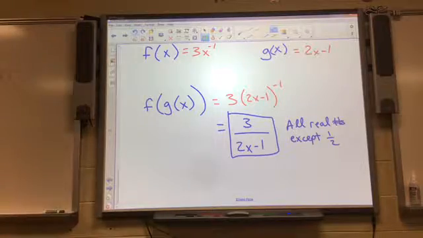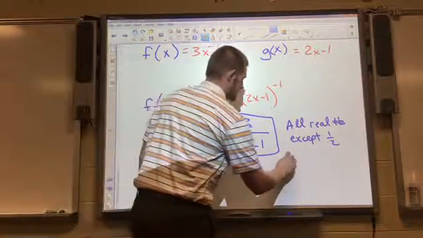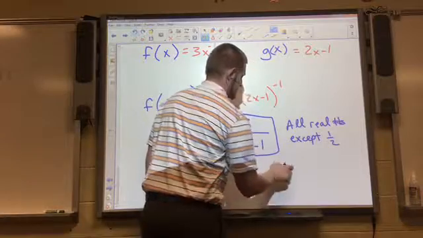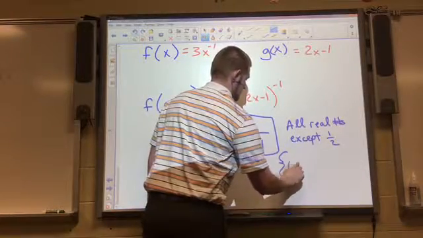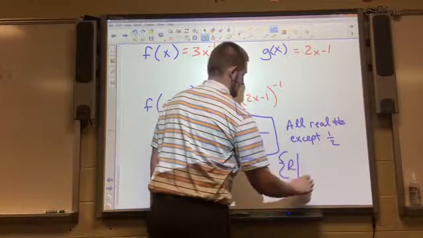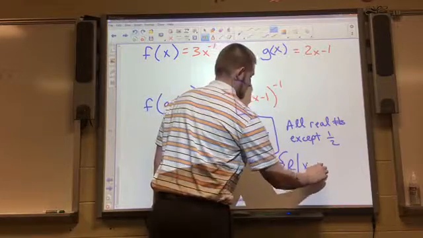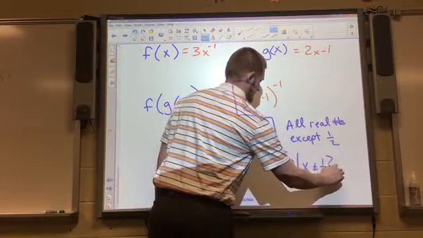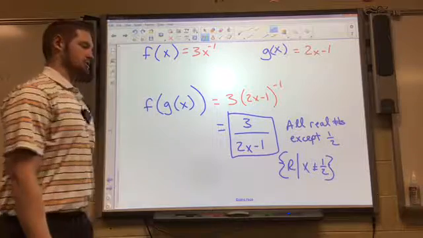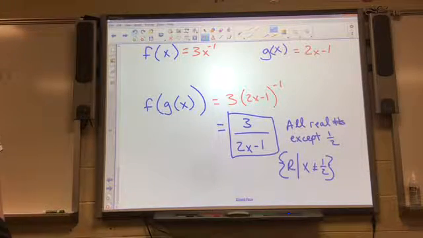Now there are multiple ways to write this. You could write this like that, which just means all real numbers such that x does not equal 1/2. Okay, if you don't want to write it all out in words, that's up to you though.